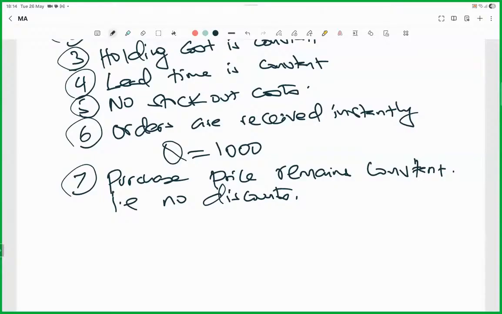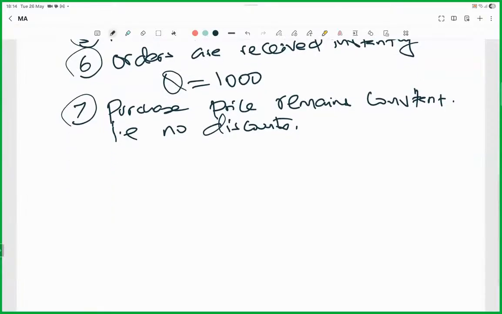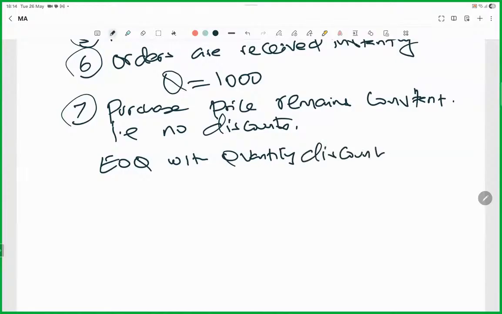Great. So then we go straight away to another subtopic, EOQ with quantity discounts, but first, EOQ without quantity discounts.